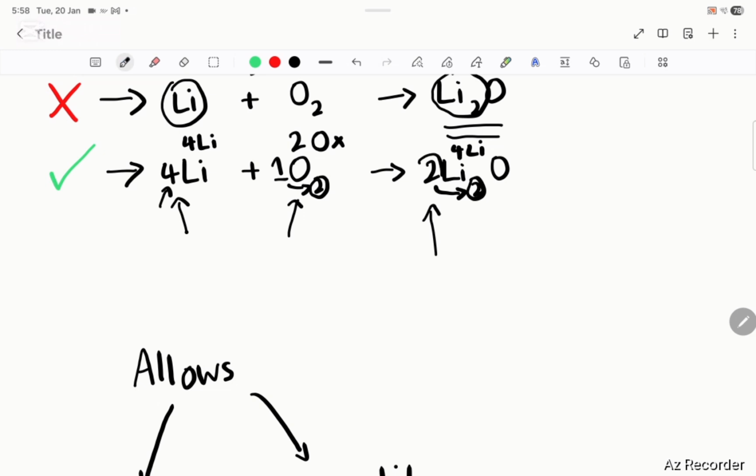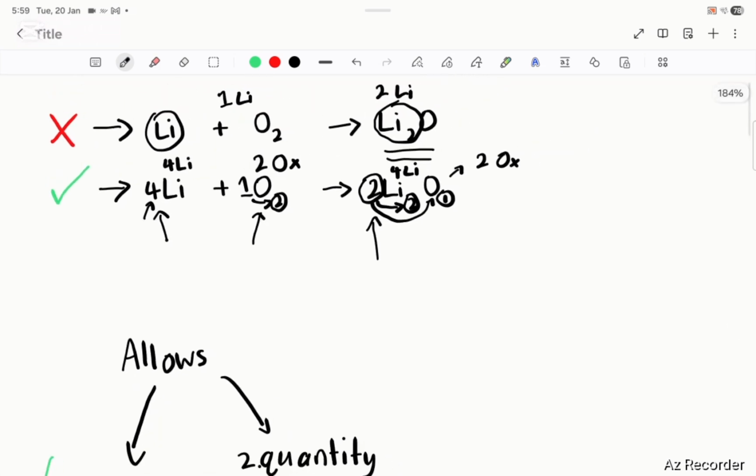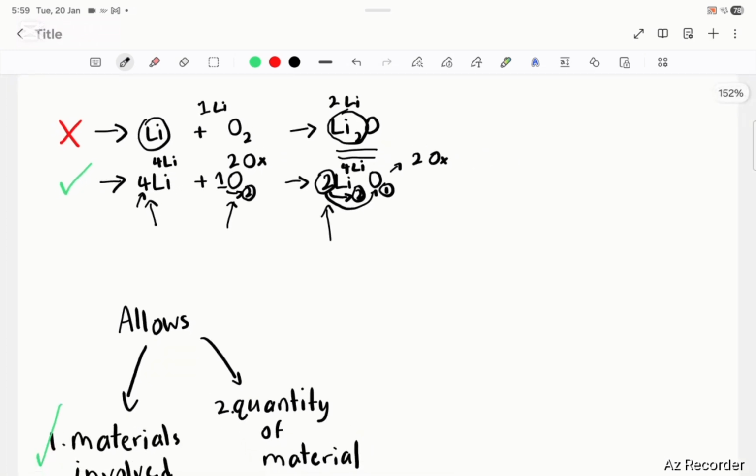We have the number 2 here that is multiplied by 1. So we get 2 oxygen atoms on the right side. So now the lithium atoms and the oxygen atoms are equalized on both sides. So we know that this equation is balanced. So this video will show you how to balance a chemical equation.